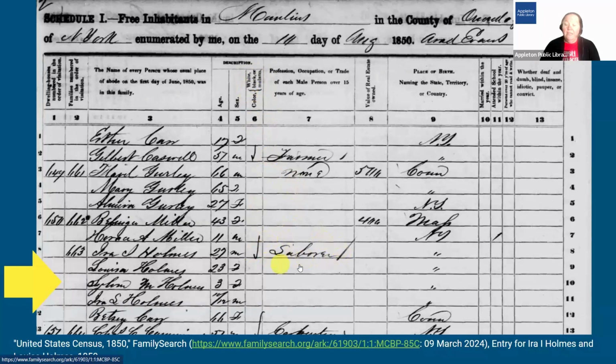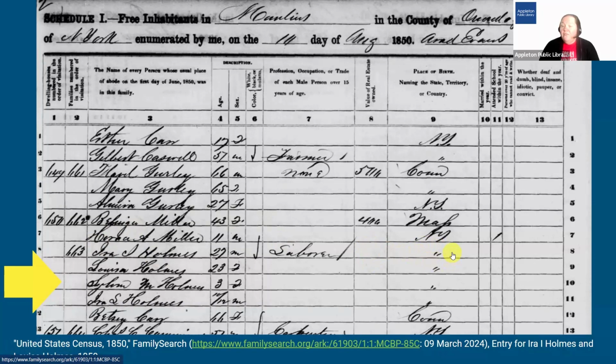Next, I get the occupation of my ancestor, and usually they only give that for the head of the household, unless there were other people working in the household. You should also get a value of the real estate owned. That's blank for my ancestor, but it looks like they're living in the same house as another couple, so they are potentially renting, and that's why that spot is blank.